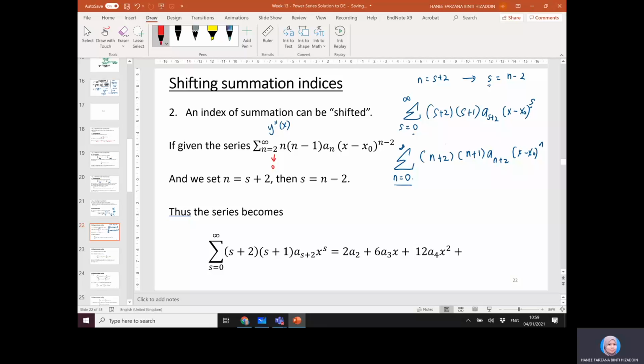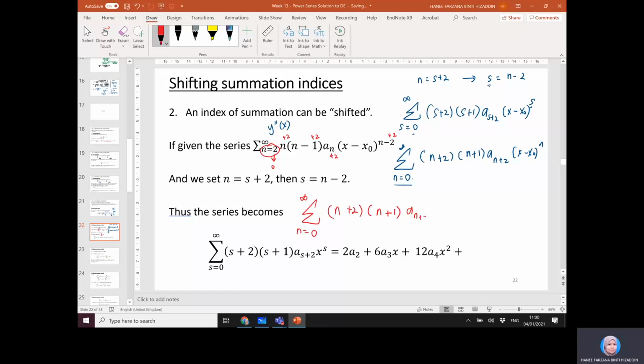When you subtract 2 from the starting index, everything inside the summation must have 2 added. So you want your n to start from 0, but inside the summation term, n becomes n plus 2, you have to add 2, so that everything balances out.